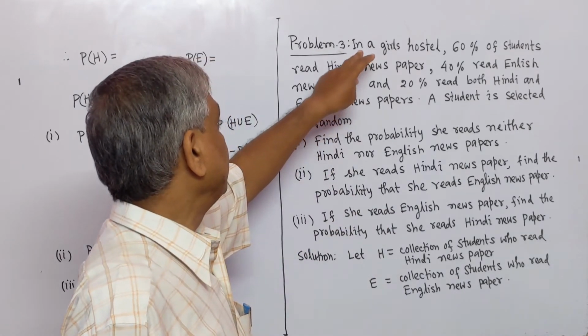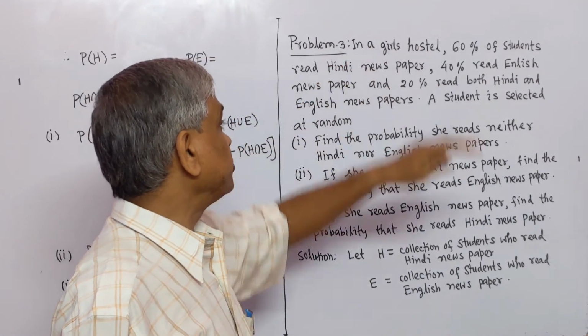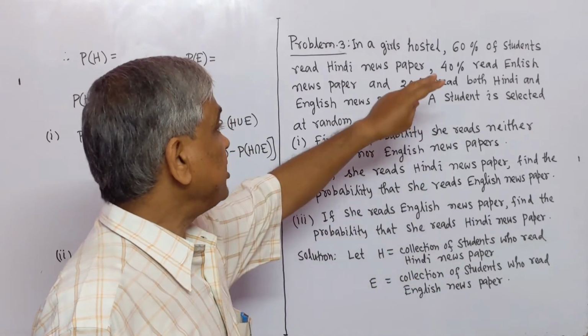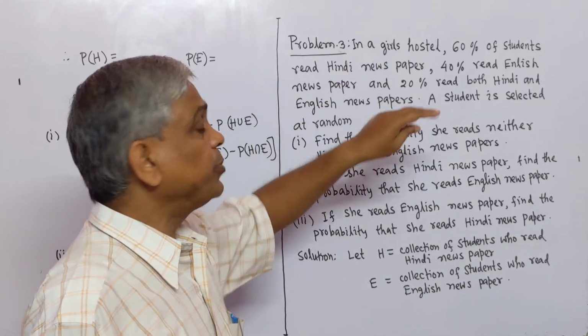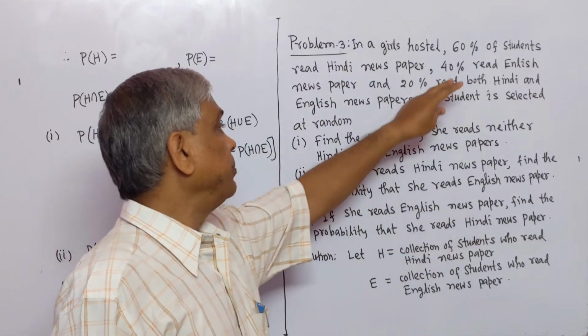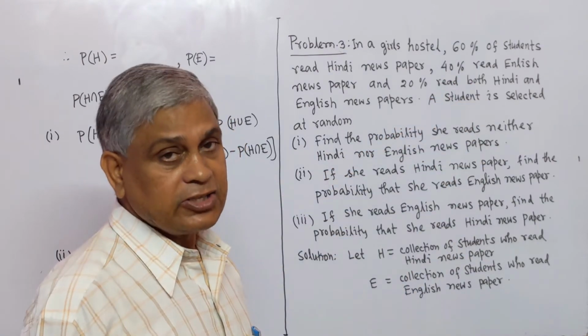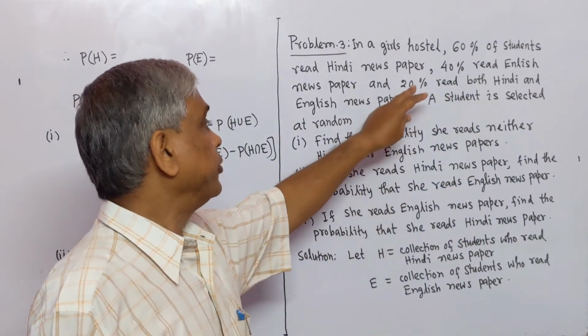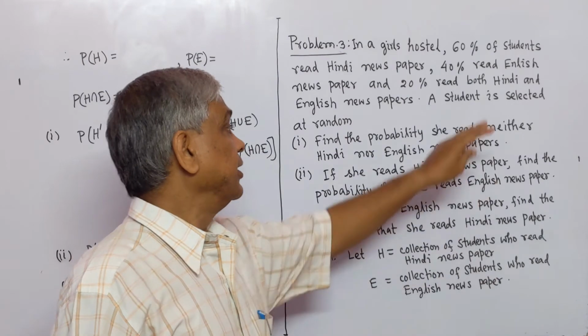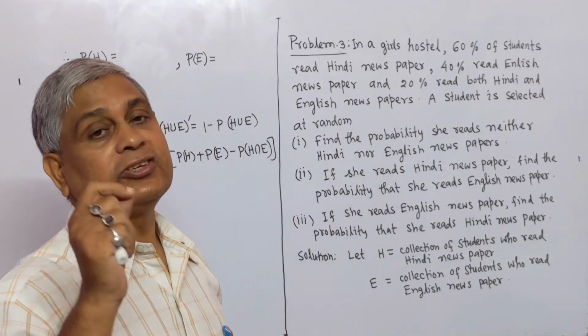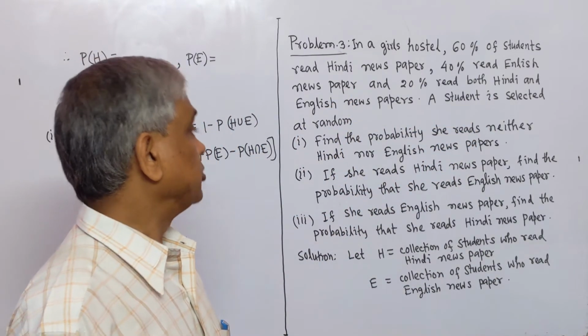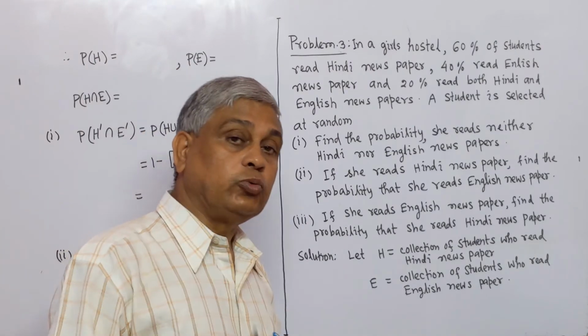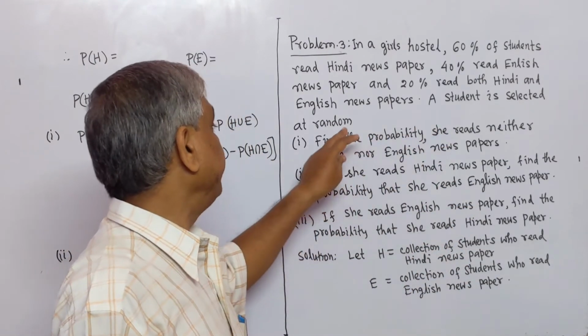Problem is that in a girls' hostel, 60% of students read Hindi newspaper, 40% read English newspaper, and 20% read Hindi and English newspapers, both. A student is selected at random.